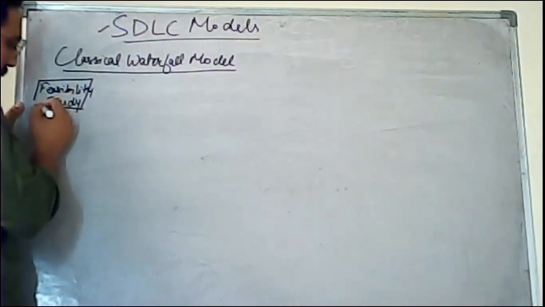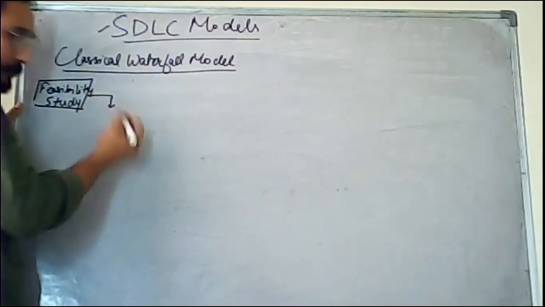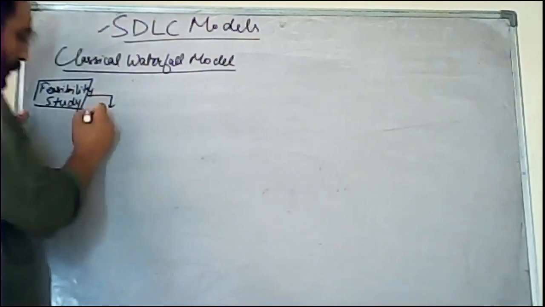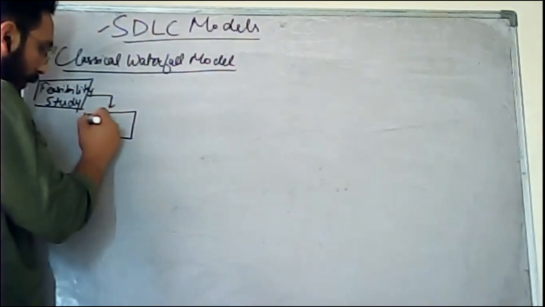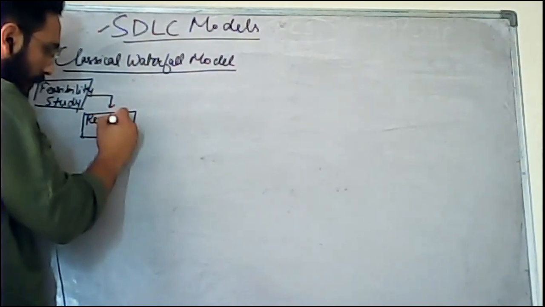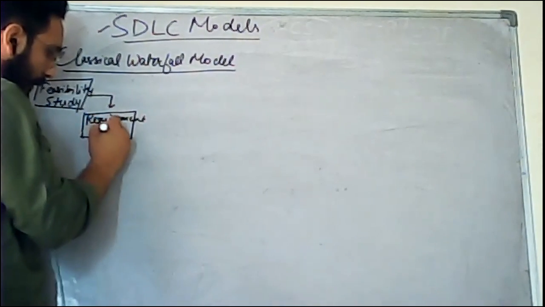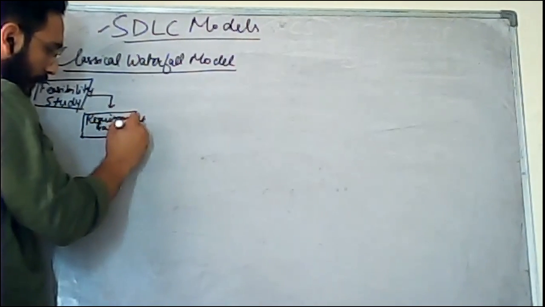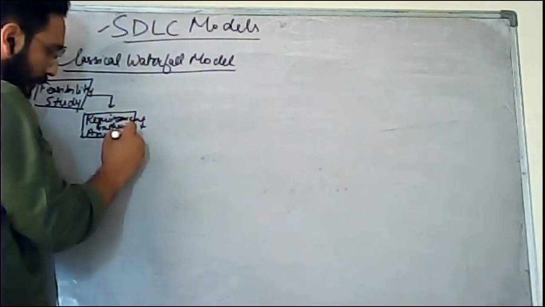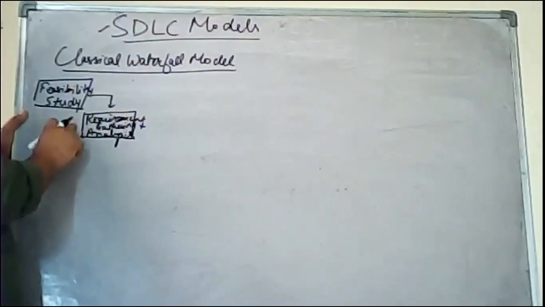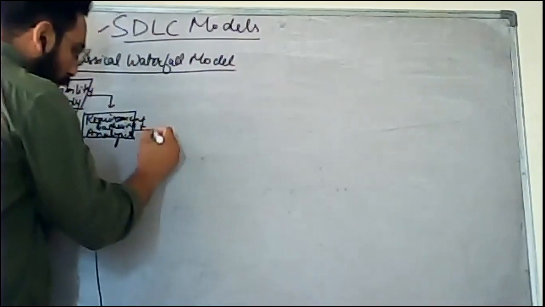Then, when this feasibility study is complete, it will go to the next phase. It is a sequential process. Second phase is your requirement gathering and analysis. Then go for the next phase.